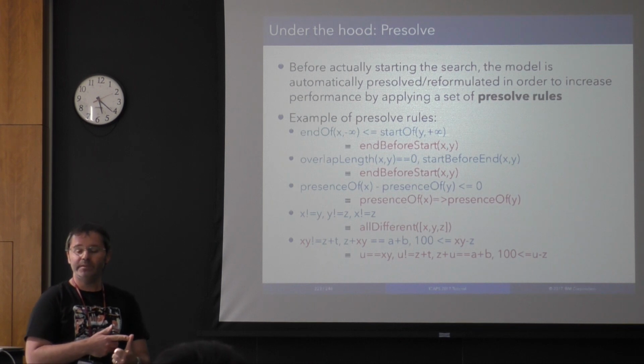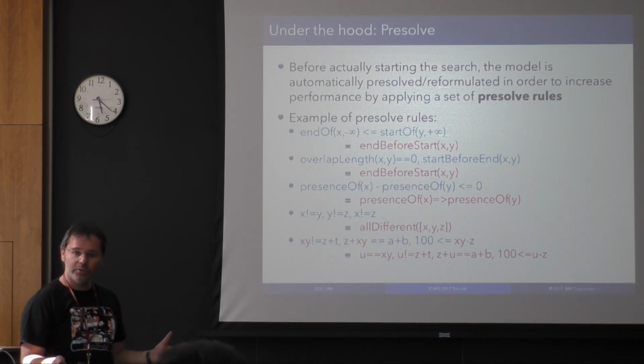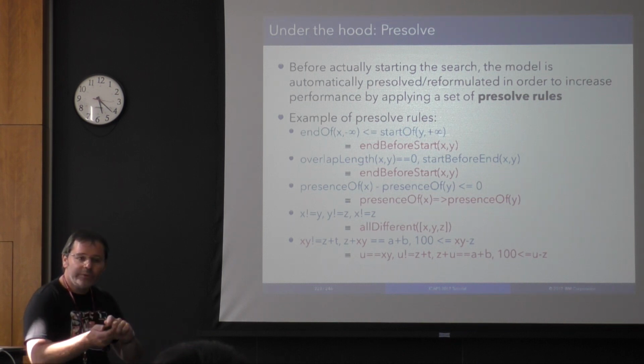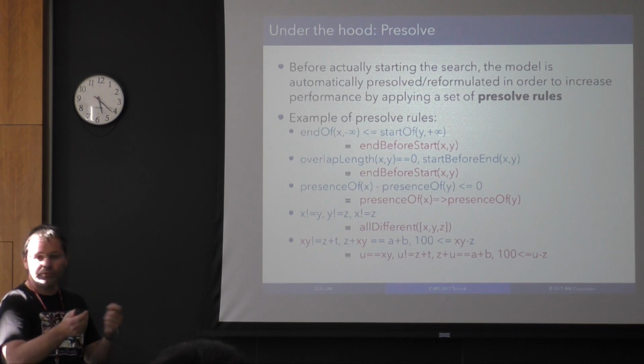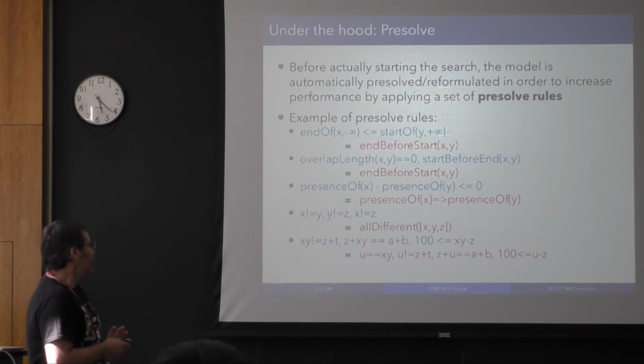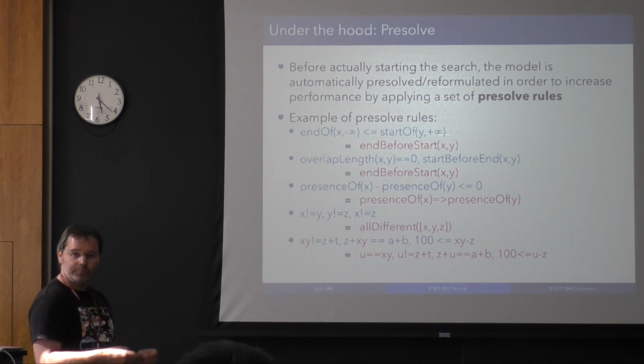Presolve in MIP is something very important. You analyze the model and you try to remodel, improve the model, or tighten the formulation a little bit. In CP Optimizer, we do this. This is an area where we are improving and improving.